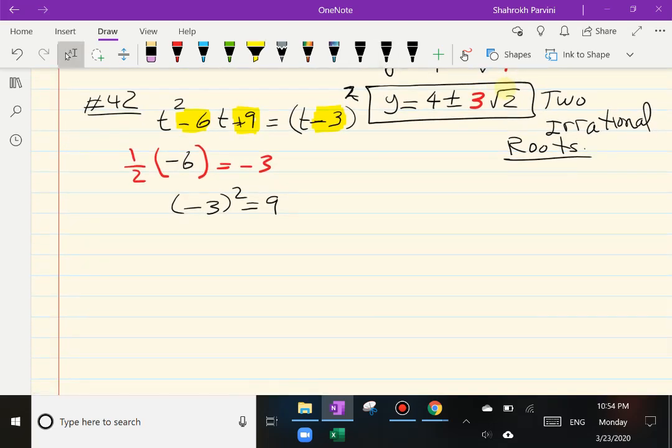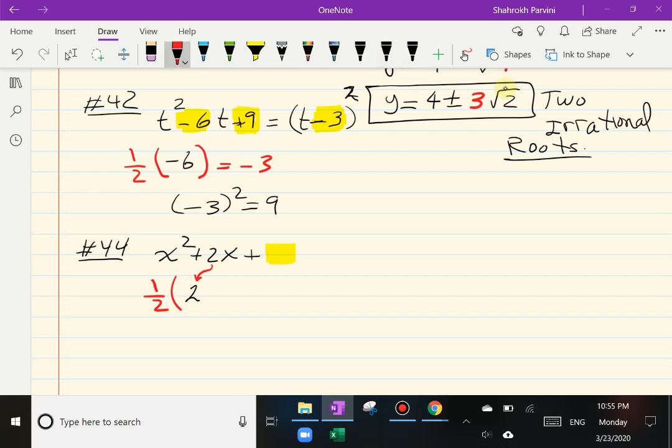That was number 42. Now, if we take a look at number 44, we have this time x squared plus 2x. And we want to know what we need to add over here to turn it into a perfect square trinomial. Remember the procedure. We're going to go 1/2 of this number, right, which is 2.